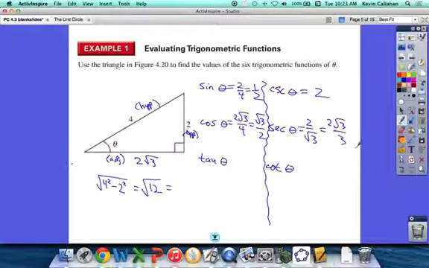And let's see. The tangent would be the sine divided by the cosine, or sorry, we're doing opposite over adjacent, 2 over 2 root 3. Right?